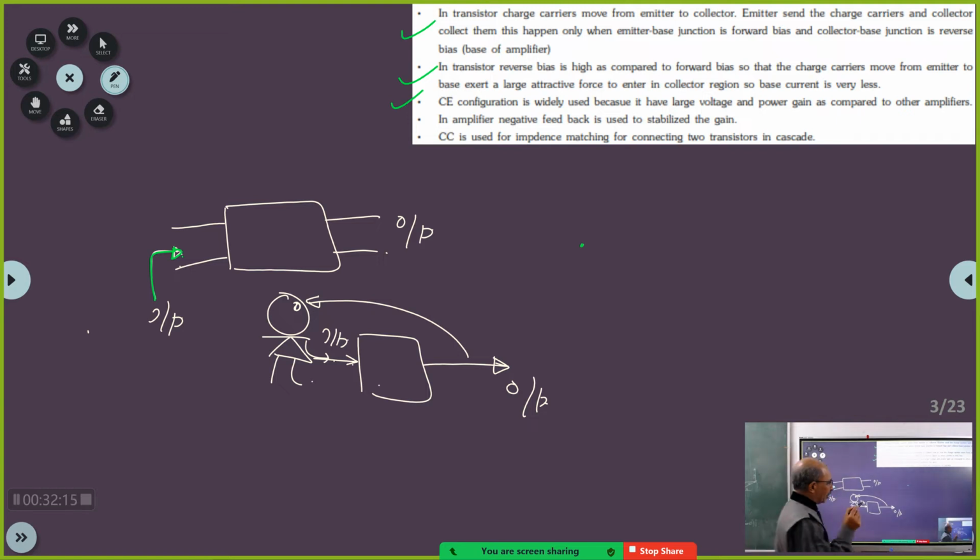So what will I do? My hand will start moving. Initially my hand will move fast, but as I come closer, my hand will move slow, and then I will slowly come and adjust. Why am I able to do this? Because as my hand is moving, the distance between this point and the tip of this pen is decreasing.